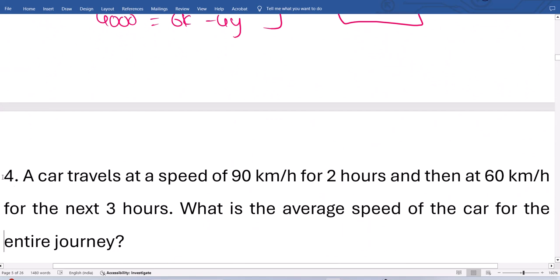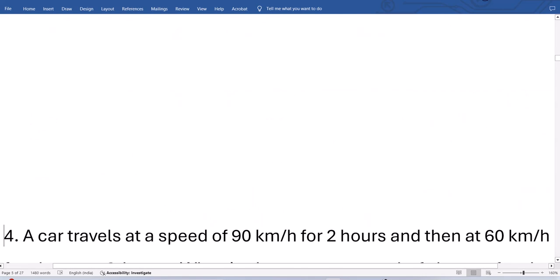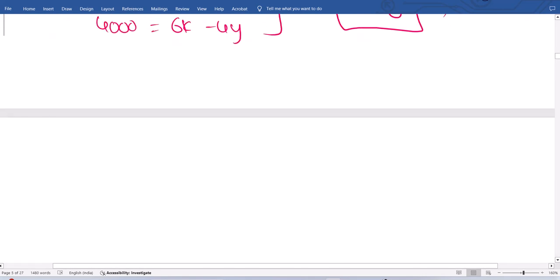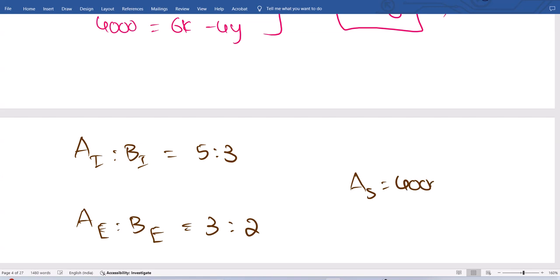I'll tell you the other method for solving this question. Ignore all the options, as the options might be wrong here and there. A and B incomes are 5 and 3. A and B expenses are 3 and 2. Now everybody carefully observe. A savings is 4000, B savings is 2000. Is this relationship double?